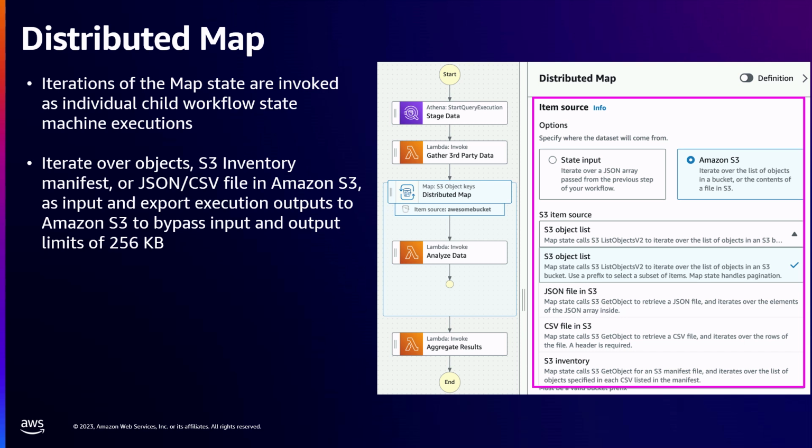But we can also iterate over one large file. So maybe you have a 4 gigabyte CSV file. We can iterate over the rows in that CSV file. And we can also do that with JSON as well. So if you have a large JSON file that's a JSON list, we can iterate over those items in the list.